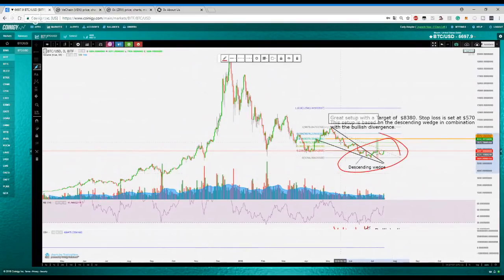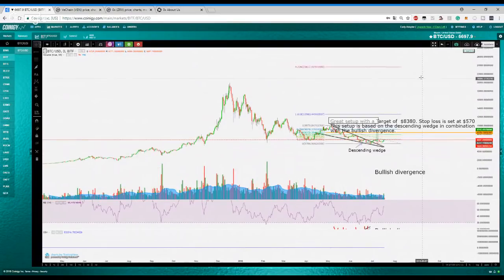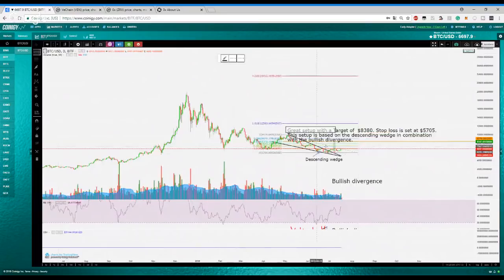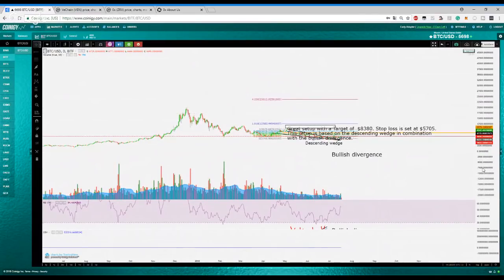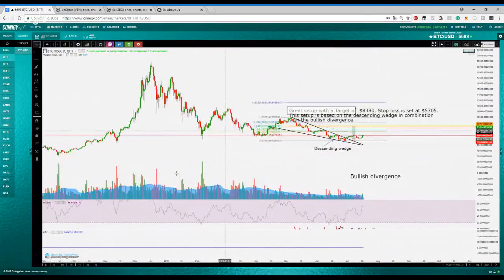Well, now you have the opportunity to buy cheap, to buy at 6,000 and sell at 23,000 or possibly even 30,000. So that's very important to understand, and that is why right now is the most important time.